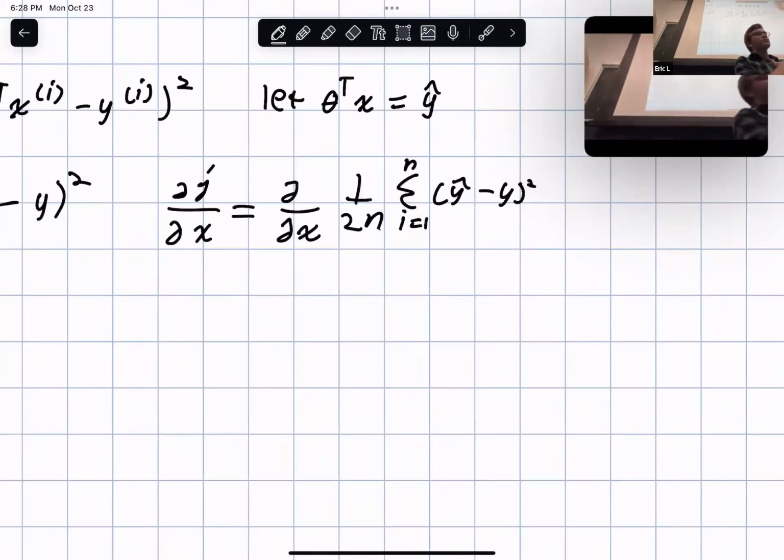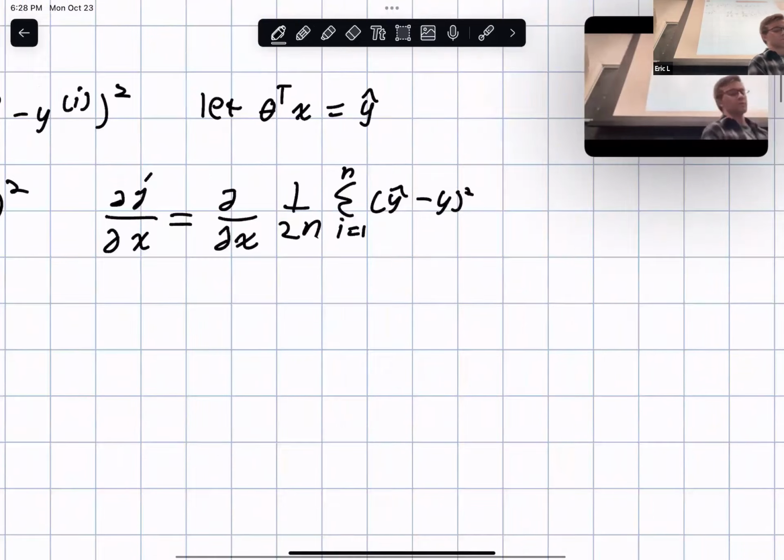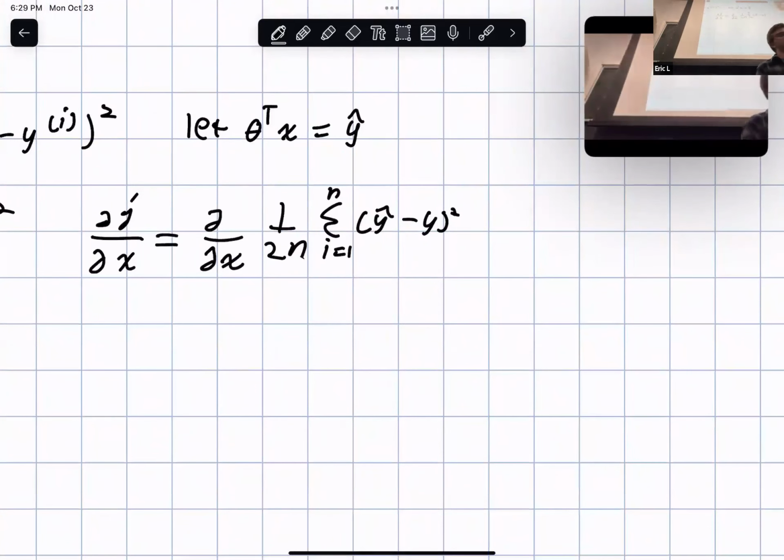As you can see, there's no real x term in this function. However, we just have to remember that y hat is a function of x, and then we can simply take the derivative of this function.